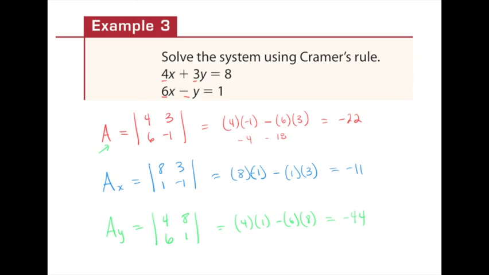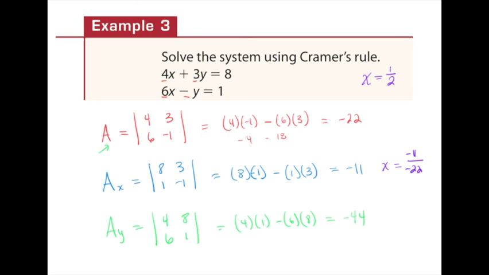So I have a coefficient determinant, an x determinant, and a y determinant. Cramer's rule says that if I take my x determinant and divide it by my coefficient determinant, I will get what x equals. So x is going to equal -11 divided by -22, which means x is going to equal 1/2.